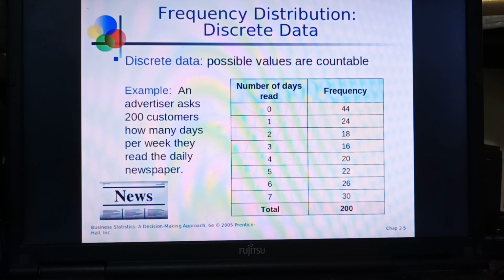Remember, this book was written way back in 2005, and at this time, this is about 15, 17 years ago, the newspaper was still very alive. Although we still have printed newspapers around, they are not very common anymore, because many of our newspapers now are in digital format.